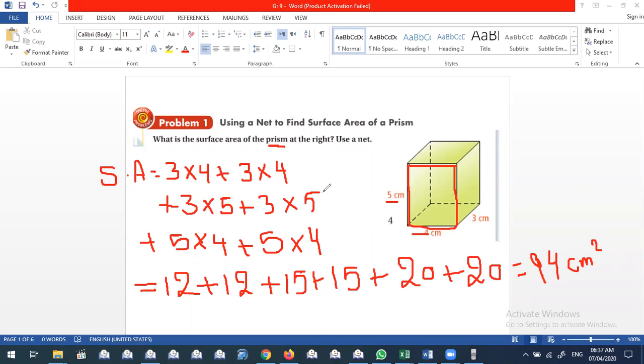I can use another way for this prism. If you have a cube or cuboid like this, you can use another way to find the surface area.